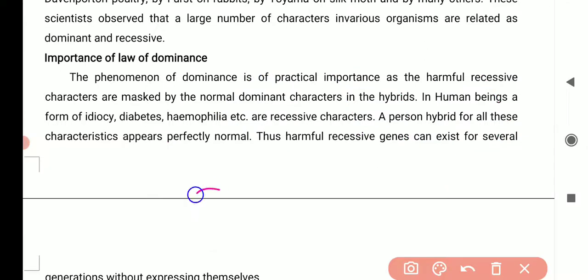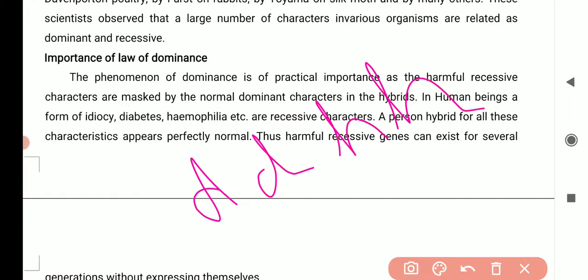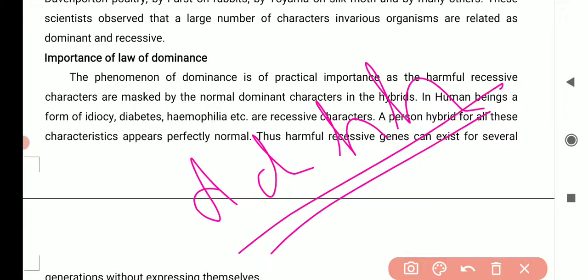But if the person has the homozygous recessive pairs of the alleles, they will be both diabetic and hemophilic.